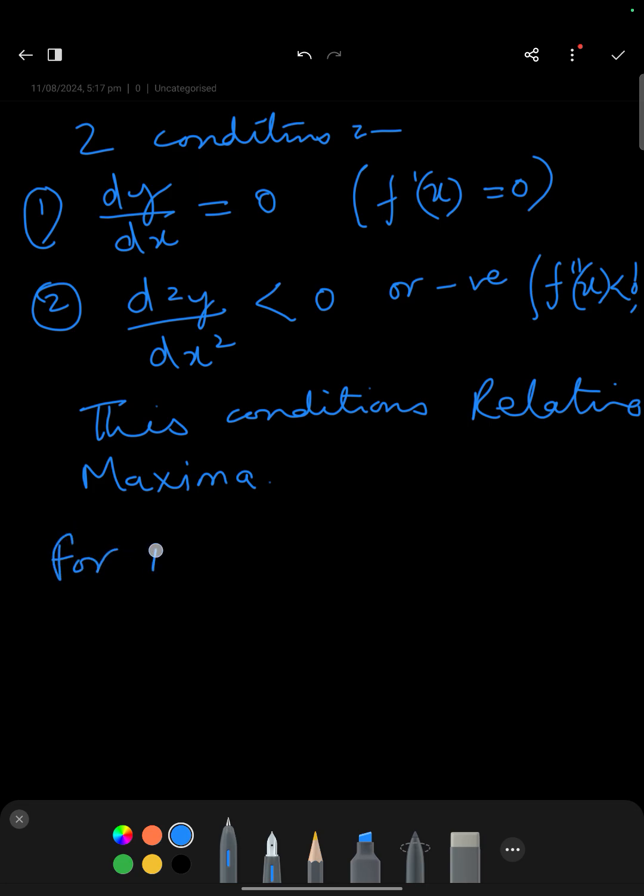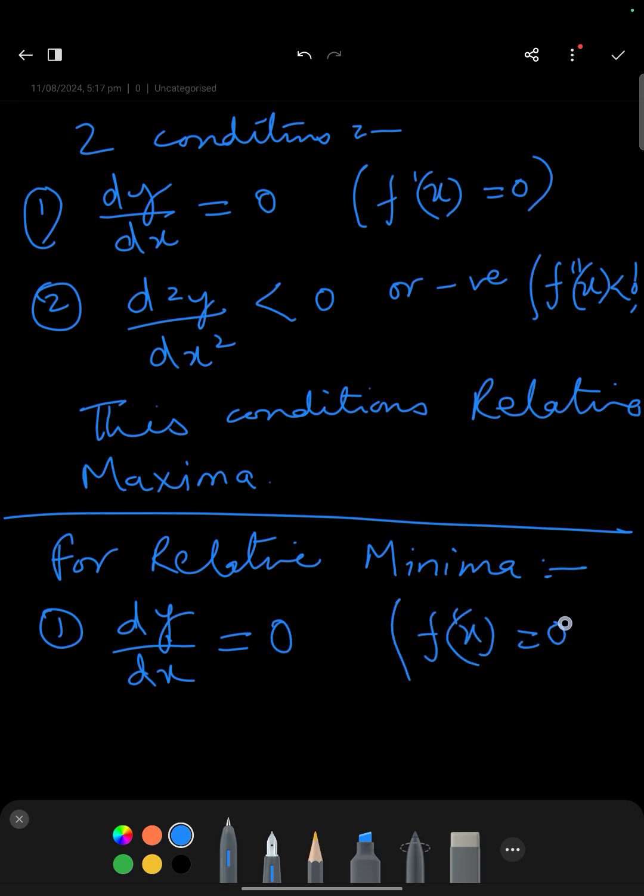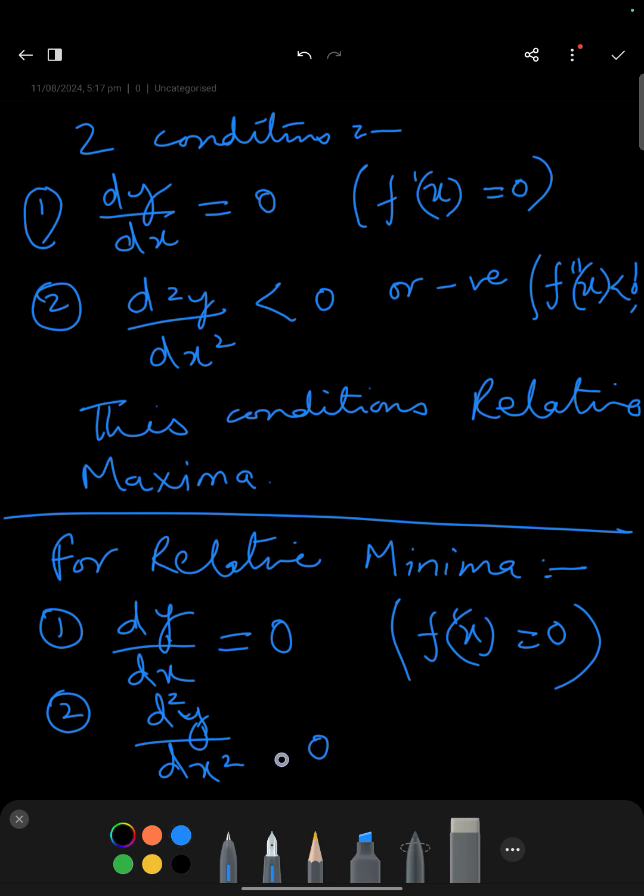Now for the relative minima, the two conditions will be: first, dy upon dx is equal to 0, meaning the first derivative is 0, while the second derivative is greater than 0.